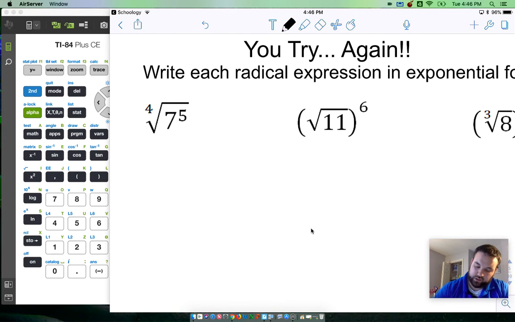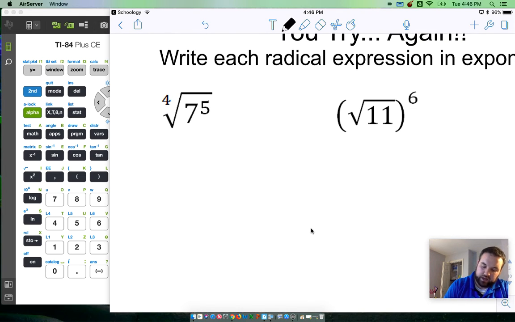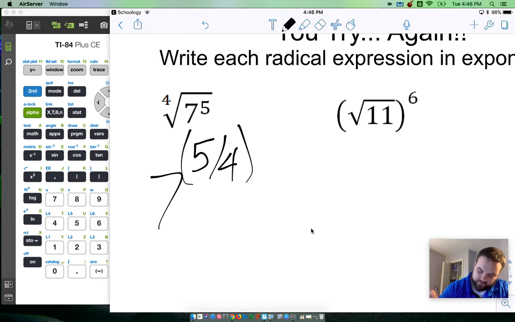To do this, again, it's basically just backwards. I'm going to take my index, and that's going to become the denominator of the exponent here. So this is going to become 7 to the 5/4 power. Okay. Again, if you want to throw parentheses just to make clear that that is an exponent, I'm going to try and type that in.